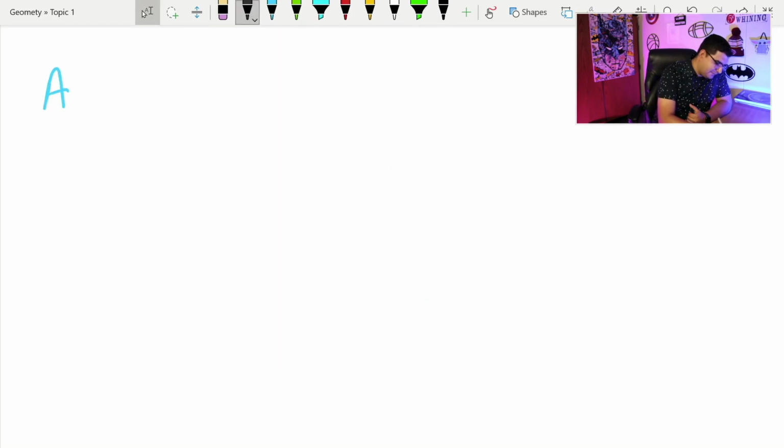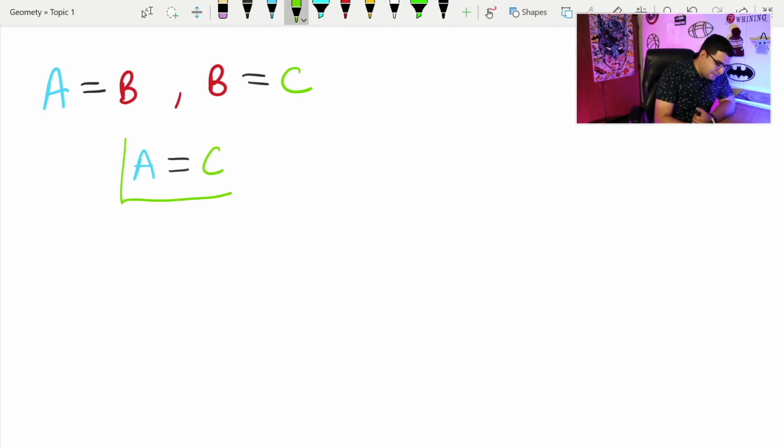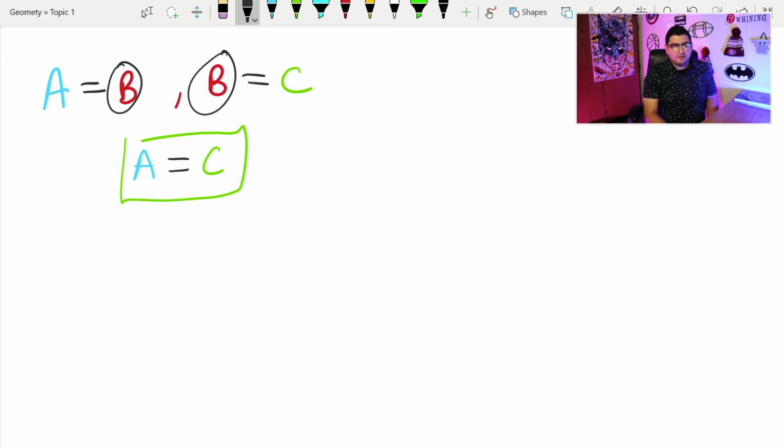If A is equal to B, and if B is equal to C, then I can use the law of syllogism to simply state that A is equal to C. This is an example of what we are essentially doing with statements. We are taking the conclusion of one, and if we realize that that conclusion is the hypothesis of the other, then we realize that we can connect the other two statements. We can connect A to C.